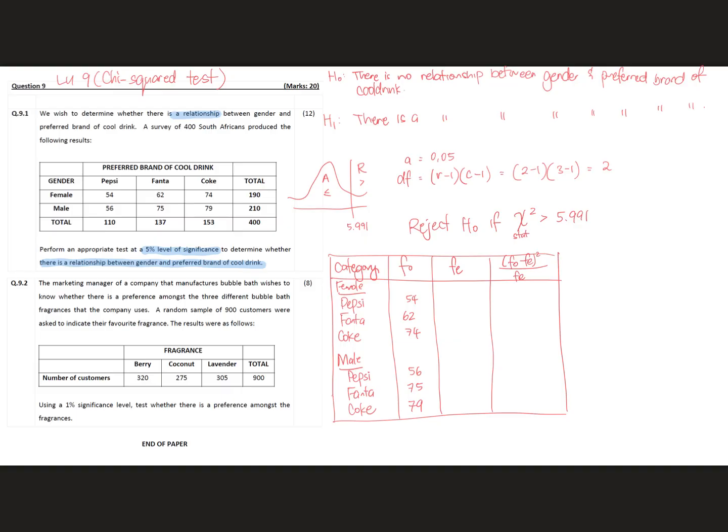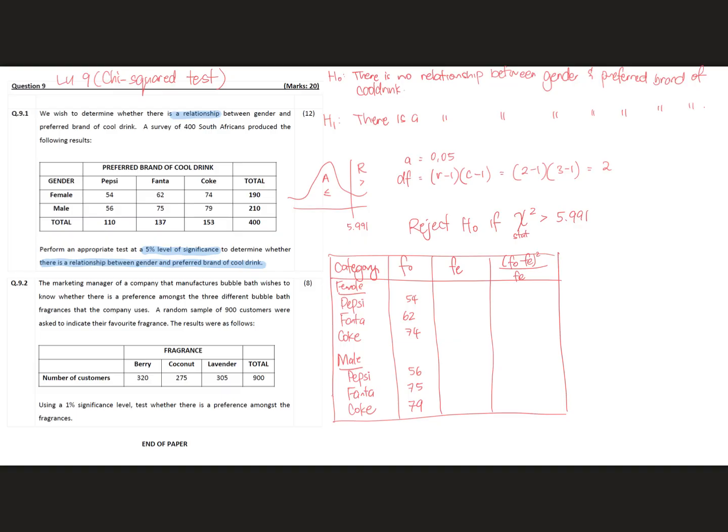You literally go to 54 in the table and you look at, in line with 54, its row total multiplied by its column total, and then you divide that by the sample size, which is then the last value in the corner. So basically here for this one, you're saying 190 multiplied by 110 over the 400.